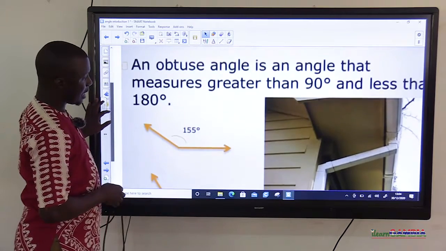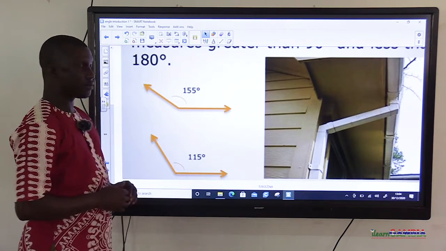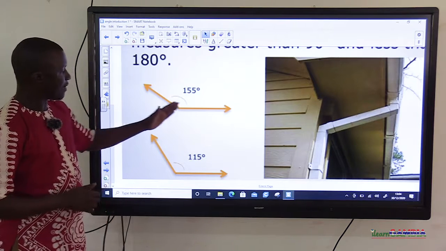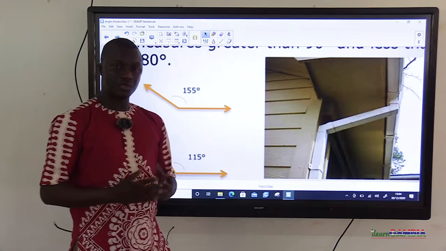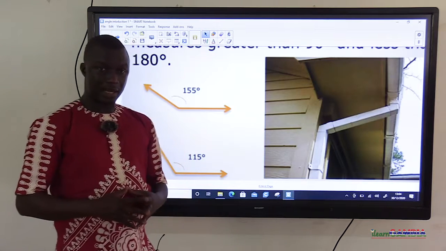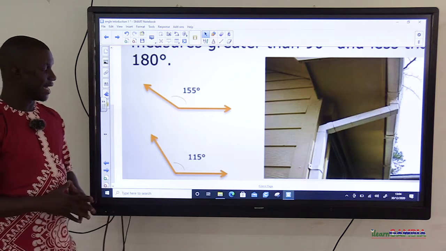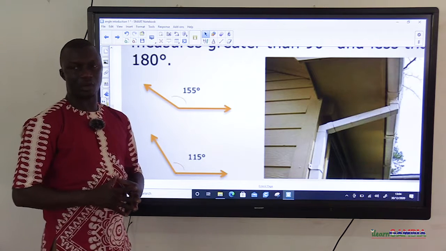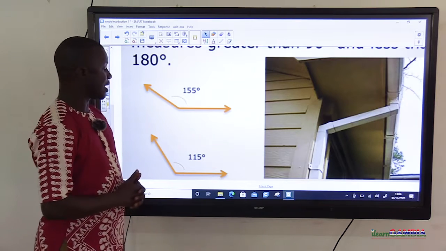And here are examples and pictorial diagrams that represent obtuse angles. 155 degrees is an example of an obtuse angle because it's more than 90, but less than 180. 115 degrees is also an example of an obtuse angle. More than 90, but less than 180.